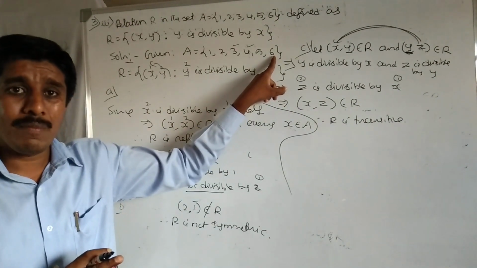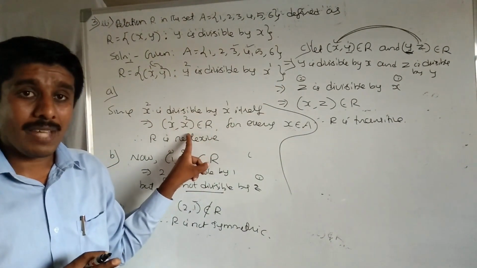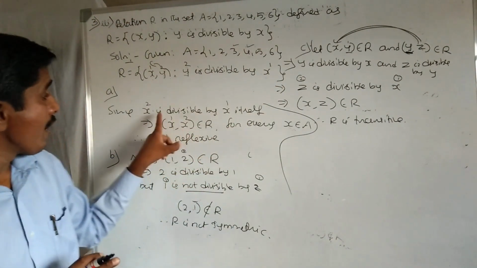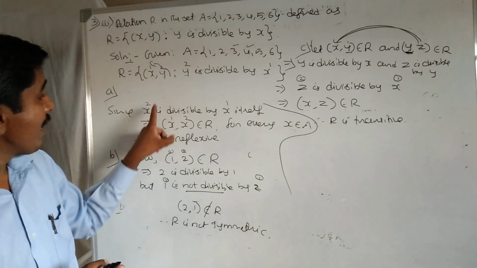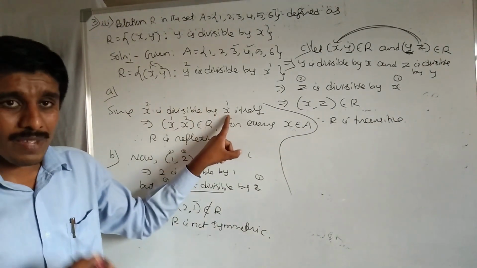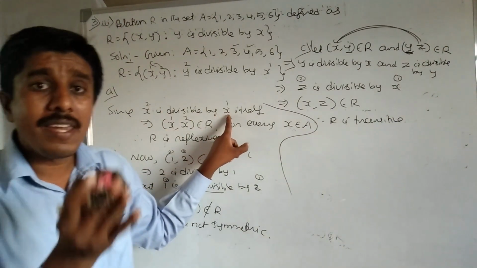Instead, directly we can write like this. We know that X is divisible by X itself. Every number is divisible by itself.